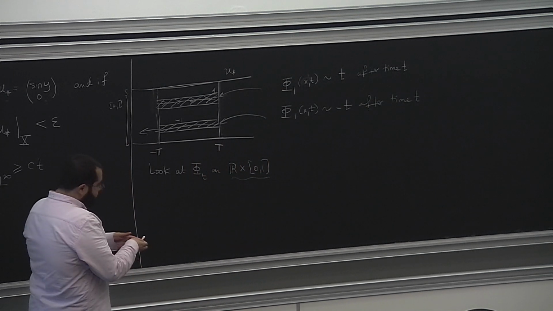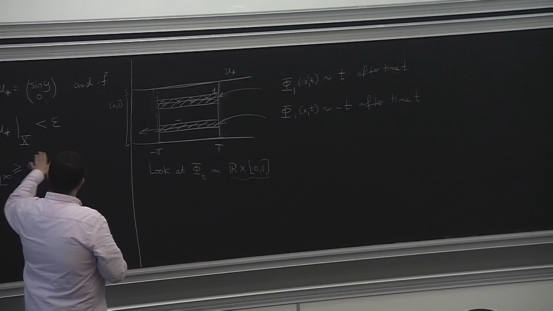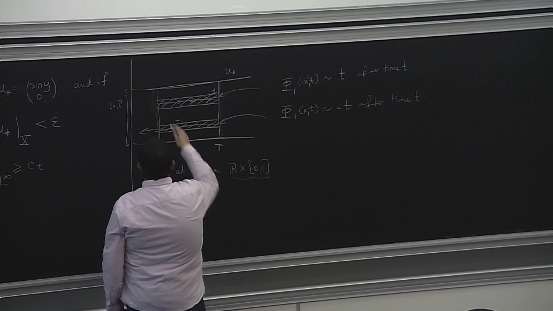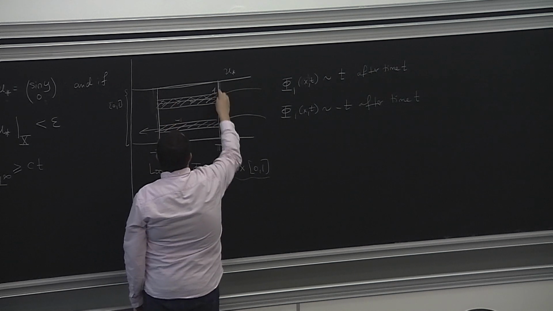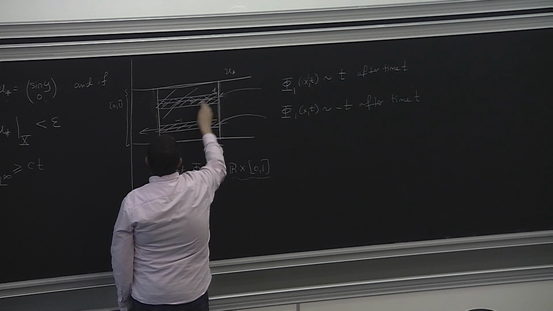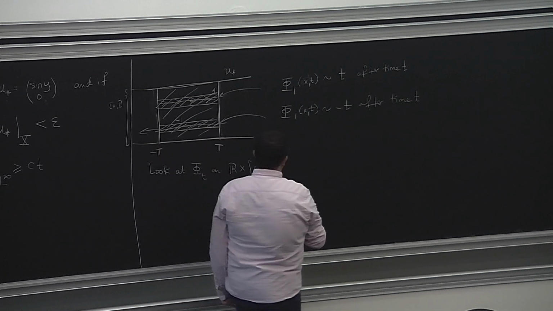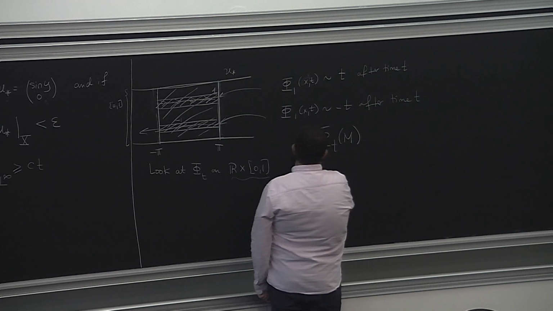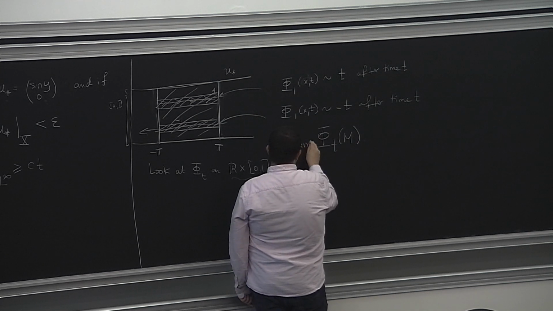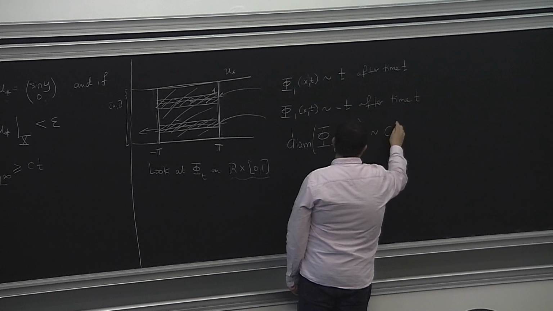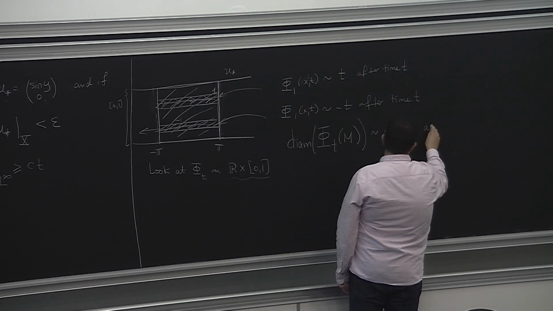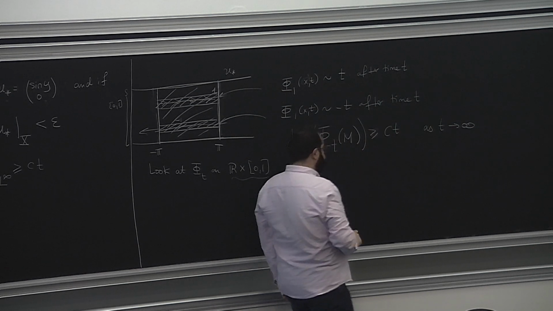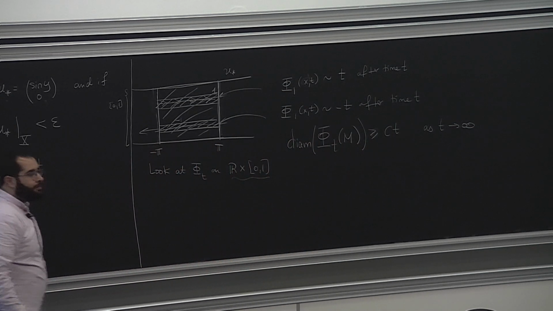Okay, so you see that you have two streamlines like this. If you look at the motion of all of the particles in this box, if you look at phi t of M, the diameter of this thing becomes like a constant times t as t goes to infinity. That makes sense?